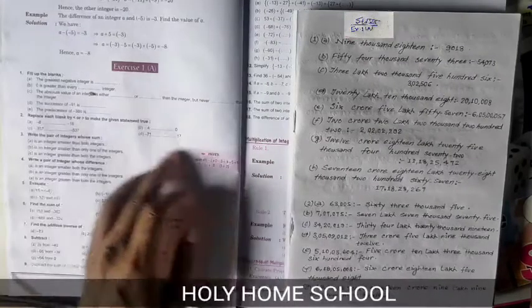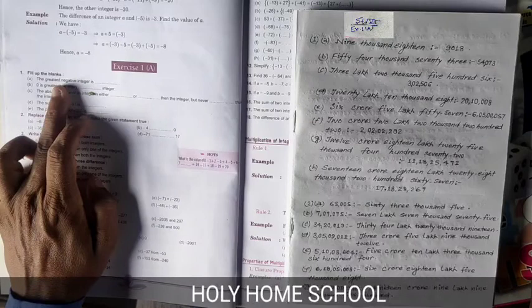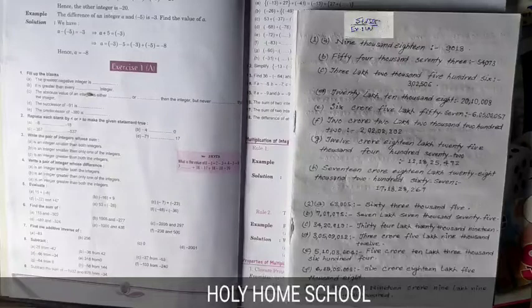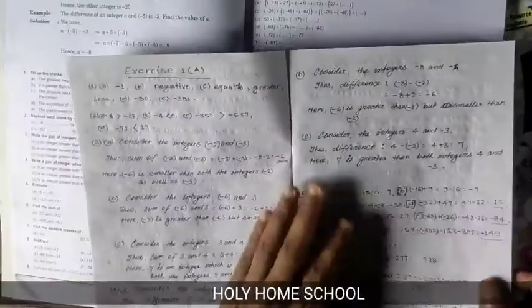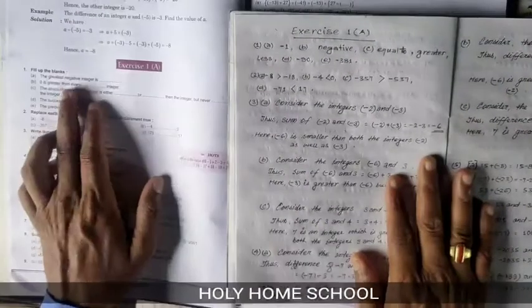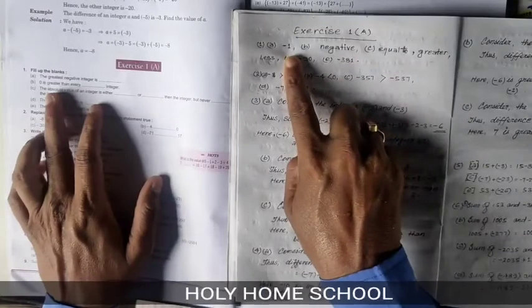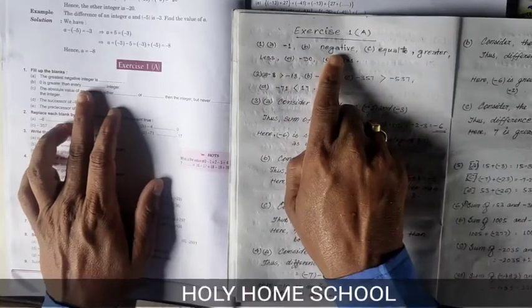The first question is given: fill up the blanks. The greatest negative integer is, just see here, -1. 0 is greater than every negative integer.